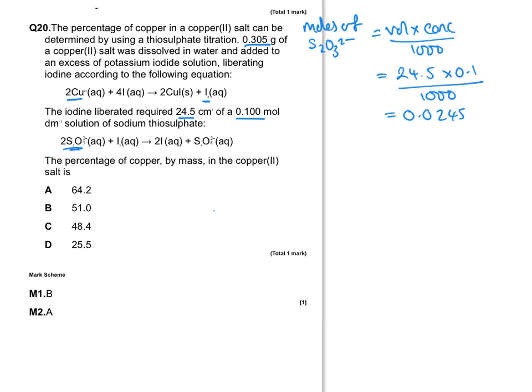Okay, so we know that 2 moles of sodium thiosulfate reacted with 1 mole of iodine, and that 1 mole of iodine was formed from 2 moles of the copper ions. So what we can say from that is that the moles of the thiosulfate are going to be equal to the moles of the copper ions. Once we've got that, we can work out the mass of the copper.